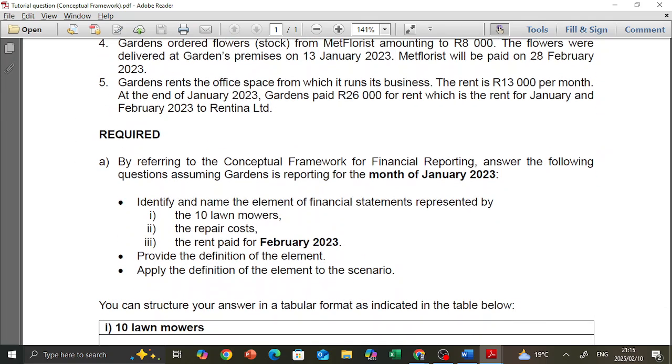The required says identify and name the element of financial statements represented by these scenarios. So we're going to write 10 lawnmowers and then decide from income, expense, equity, and so on, which element it is. After we have decided what element it is, we need to apply the definition of that element to the scenario. That is why I started this class off by making us answer the definitions, so that we could warm up.